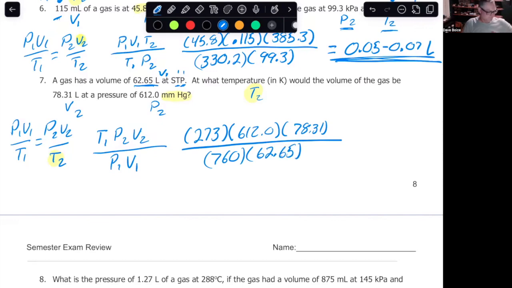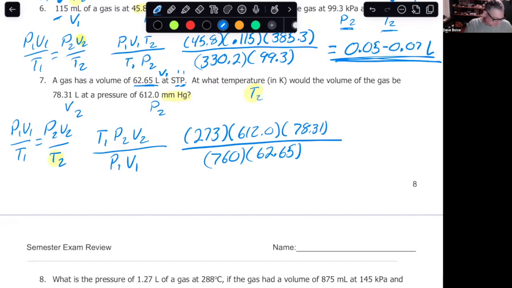So 62.65. And when I put that in the calculator, I'm going to double check my previous work. I'm going to put parentheses 273 times 612 times 78.31. Close those parentheses, divide that by 760 times 62.65.